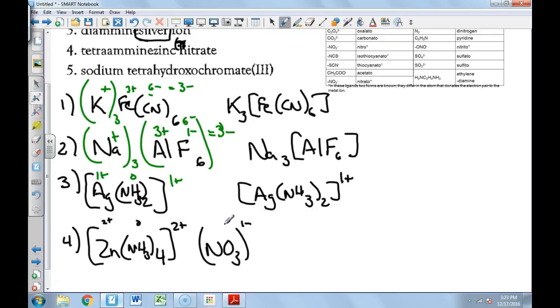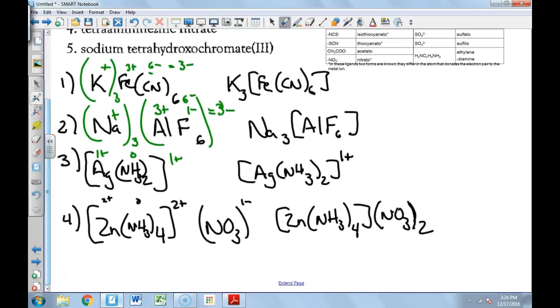Well, how are we going to get 2 plus and 1 minus to work out? Well, that means we need 2 of these things. So when we rewrite this, this is going to be zinc, amine, and why do we put parentheses? Because it's multiple elements in that one ligand, and then bracket, and then we're going to go NO3, and then there's 2 of them.